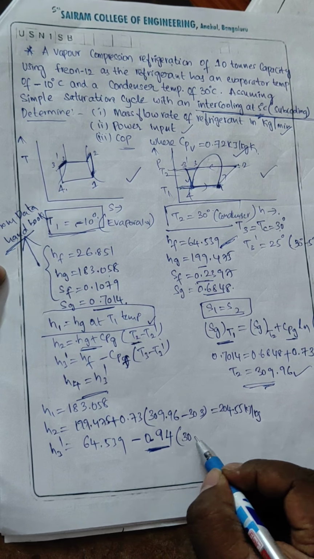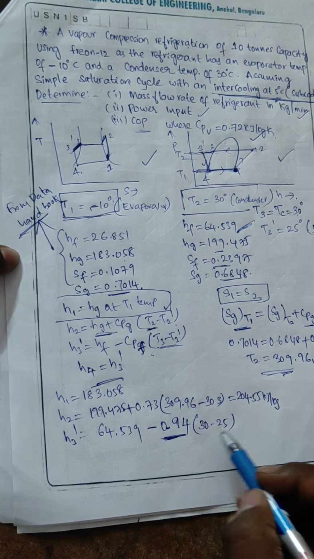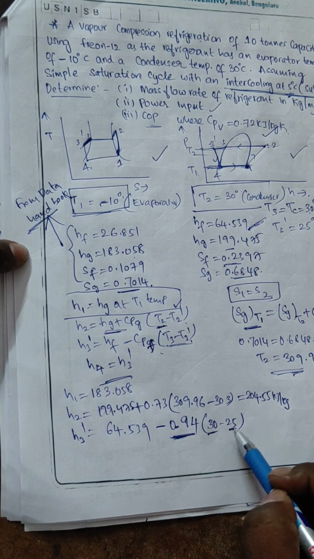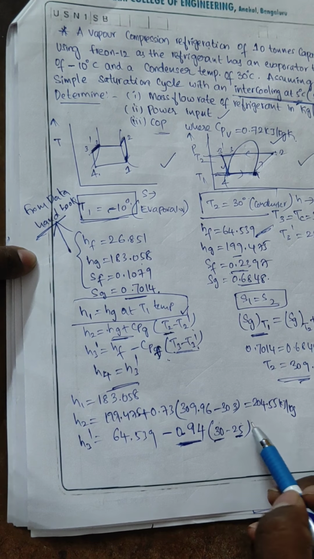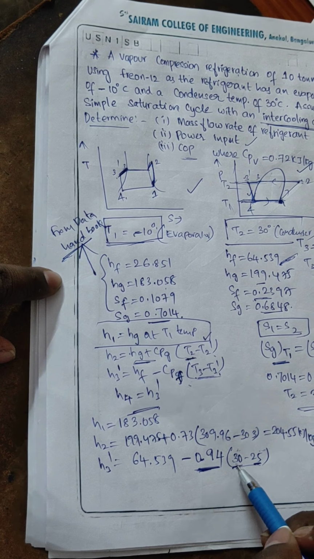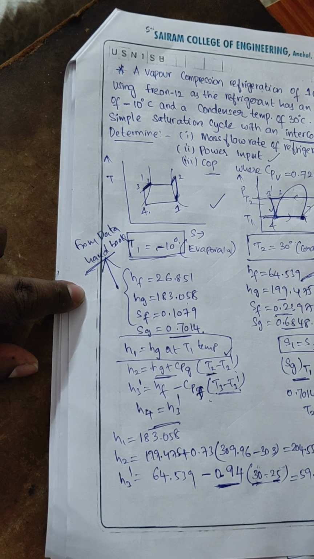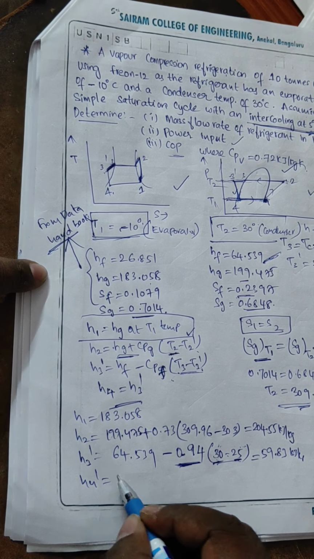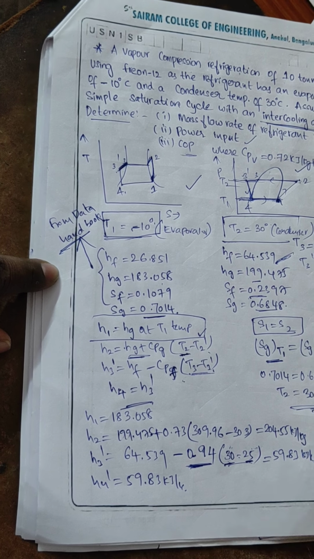T3 is 30 and T3 dash is 25. We can add 273 to both, but even if you don't add, the value doesn't change. So this becomes 59.83 kilojoules per kg. H4 will be the same, 59.83 kilojoules per kg.